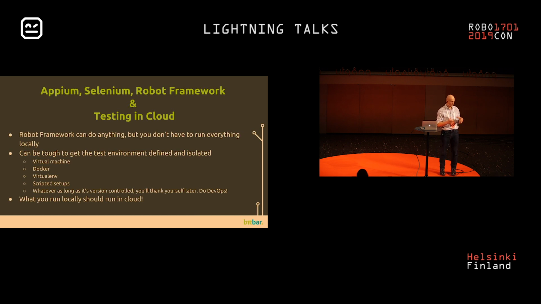Make sure that whatever you do, you package it, be it virtual machines first, maybe Dockerize virtual environments with Python, script the setup, and make it packaged and version controlled, so that your colleague can set it up on his machine. That's the initial purpose, get everybody else in the team to use what you have created.